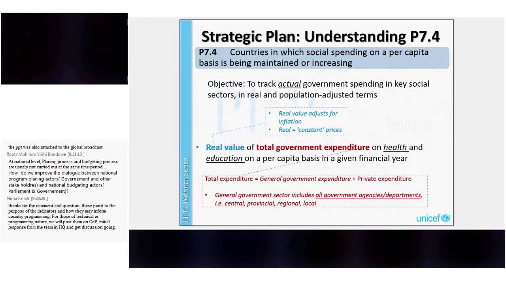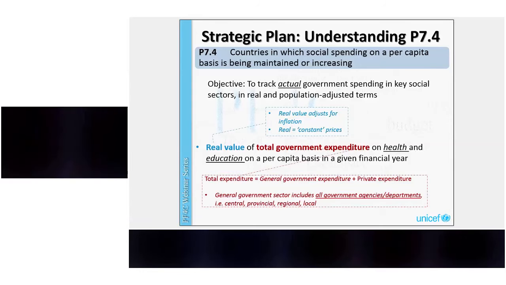Right, so this is going to be a bit of maths, but we've made it as friendly as possible. So we're looking at the actual government spending in real and population adjusted terms. Real means we're adjusting for inflation, so that we can compare this year to last year. In economics and in the tables on the WHO and UNESCO, that's referred to as constant prices.